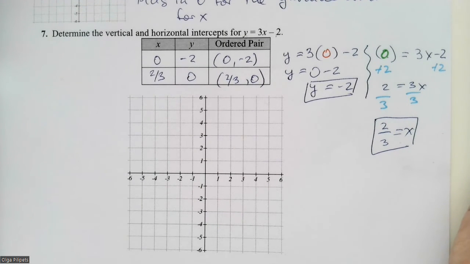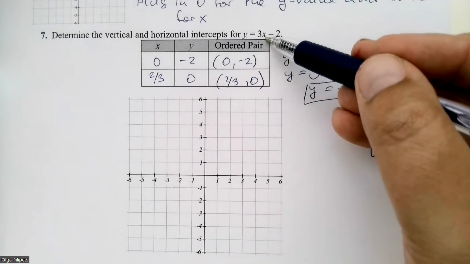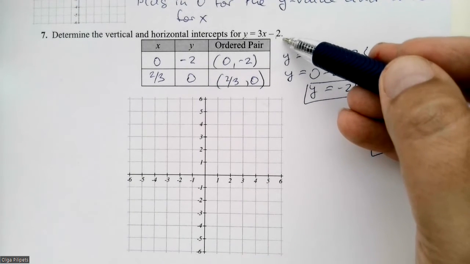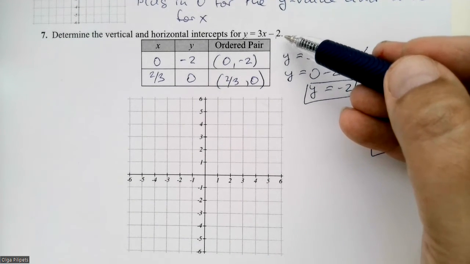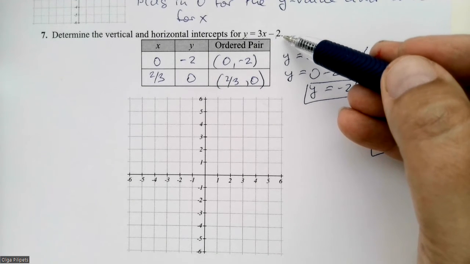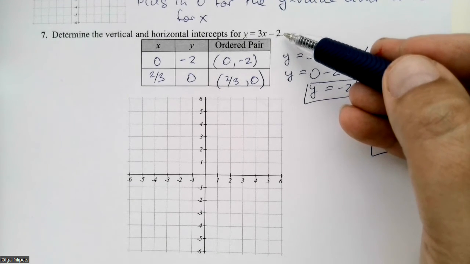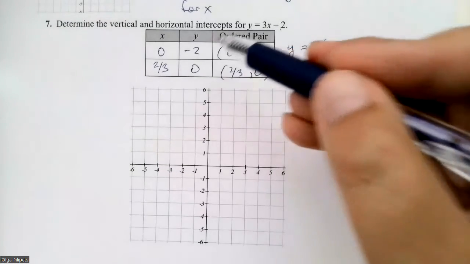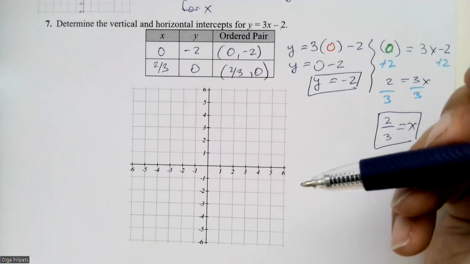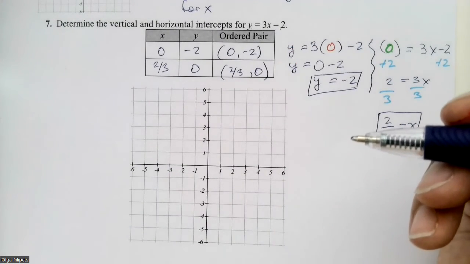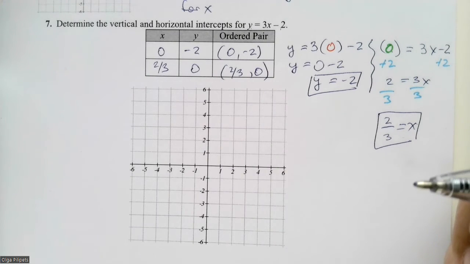As we mentioned before, in order to graph a line, and this is a linear equation, so the graph will be a line, we only need 2 points. And to be honest with you, if I'm just asked to graph a line, these are my favorite points, the x and y intercepts. They're probably the easiest to find.